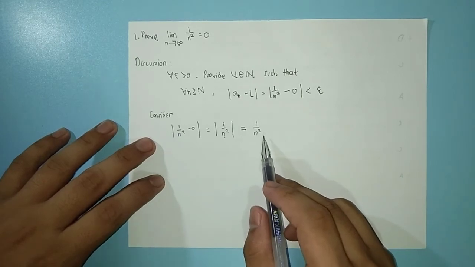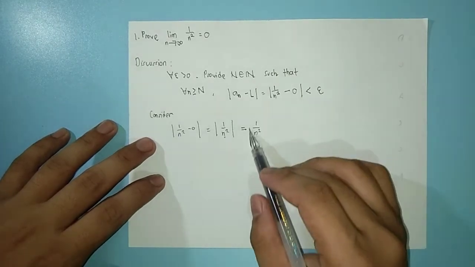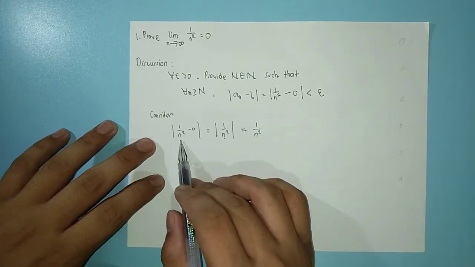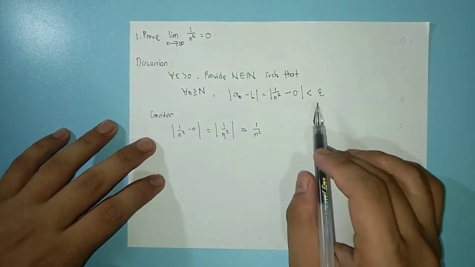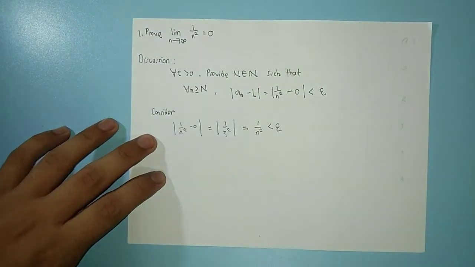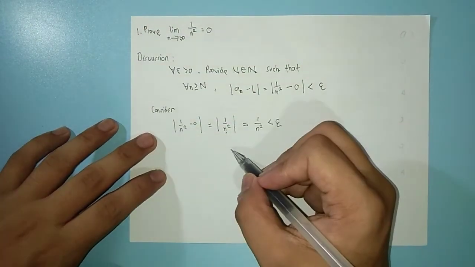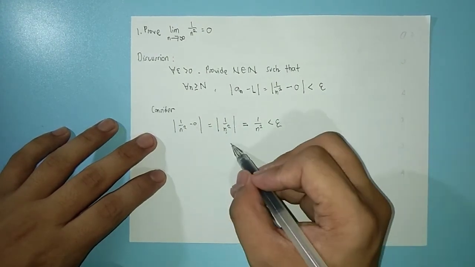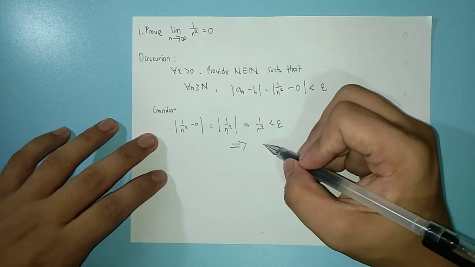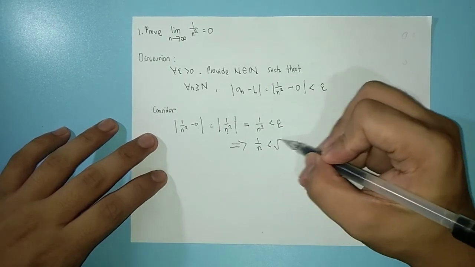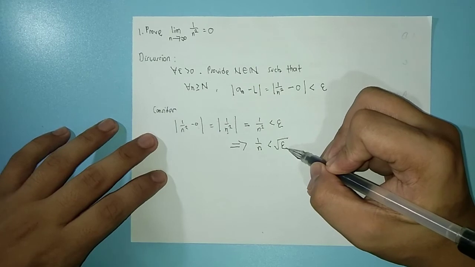Okay? And take note that this 1 over n squared is equal to this absolute value of 1 over n squared minus 0, which is less than epsilon. So, this is less than epsilon. Okay? So, kung i-square root natin both sides, this implies 1 over n less than square root of epsilon.